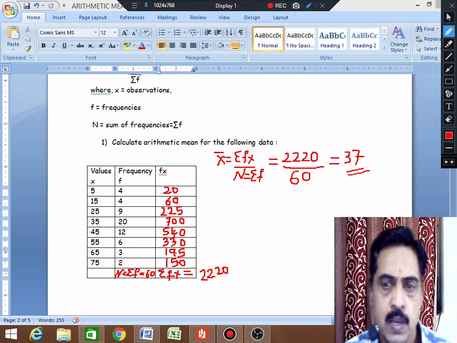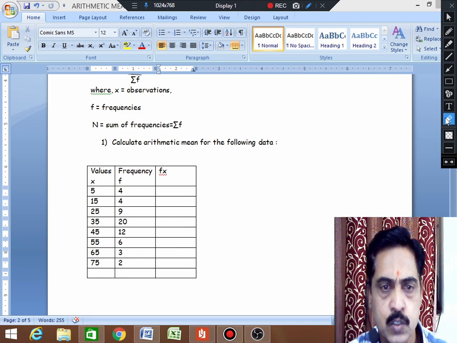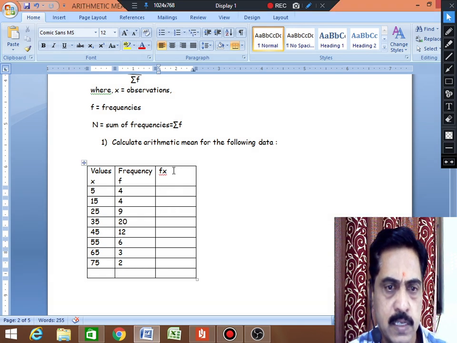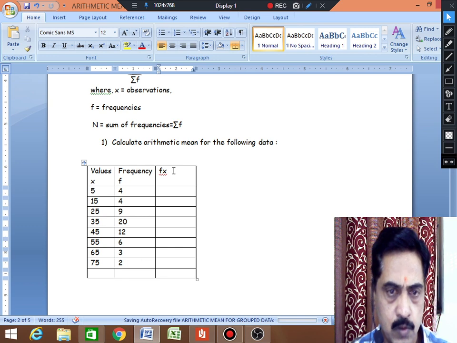Now we shall calculate the arithmetic mean for the same problem by using the shortcut method. And for the shortcut method, let me give the formula.